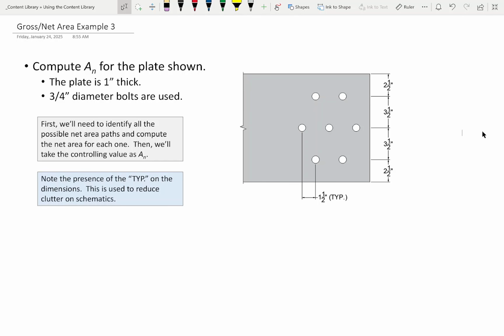So basically what that means is that we are taking the tension member and yanking on it this way. I can draw an arrow better than that. Let me do better than that. So we're yanking on it this way. We do need to know that so we know which dimensions are parallel to the applied load and which dimensions are perpendicular to the applied load.